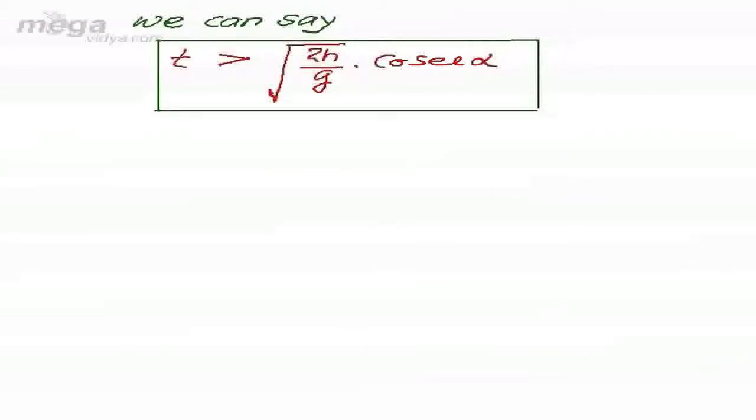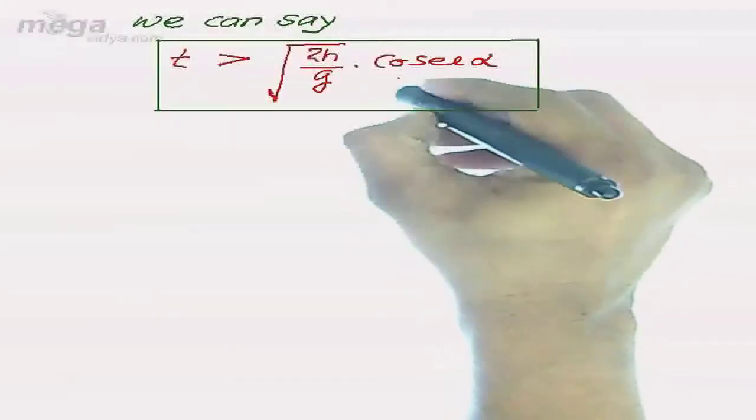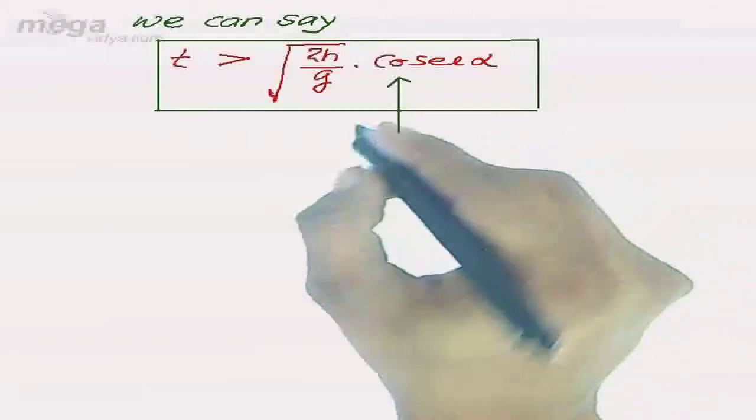So from this relation, which we have got from analyzing the time taken by the particle to slide down along the groove, the time is greater than this time, which is under root 2h by g times cosec alpha, which is the time taken by the particle along the line of greatest slope.